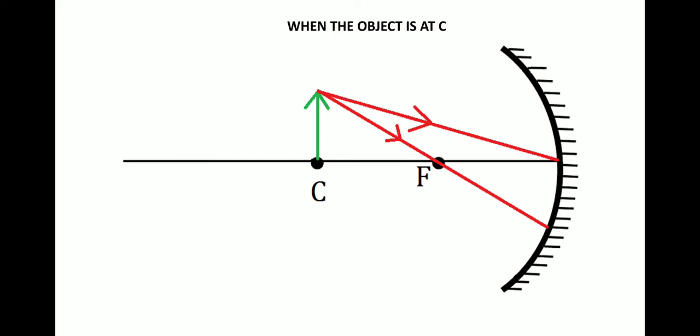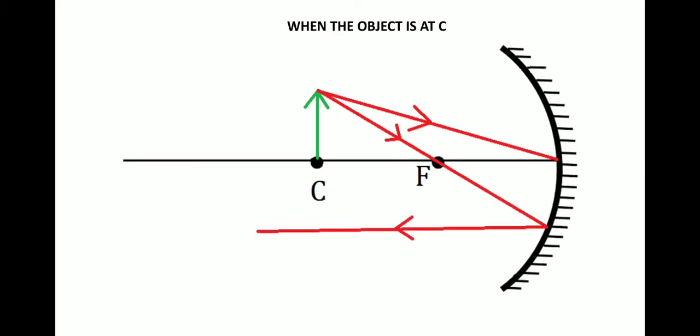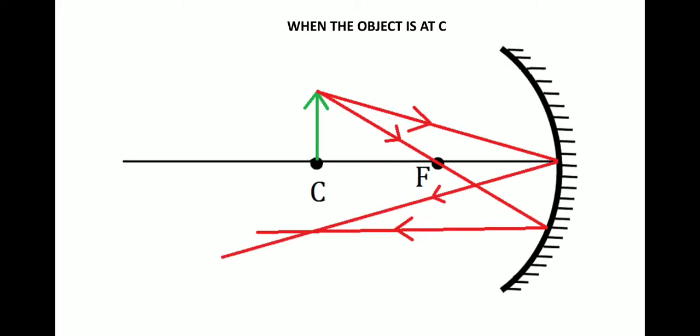The ray which passes through the focus becomes parallel to the principal axis, and the ray which is incident at the pole will simply follow the rule of reflection and get reflected, making these two angles, the angle of incidence and the angle of reflection, equal.